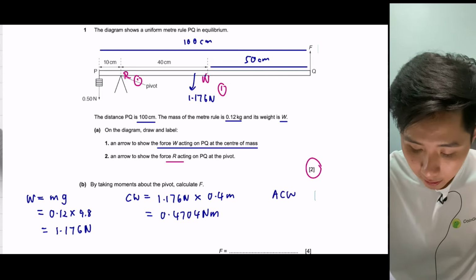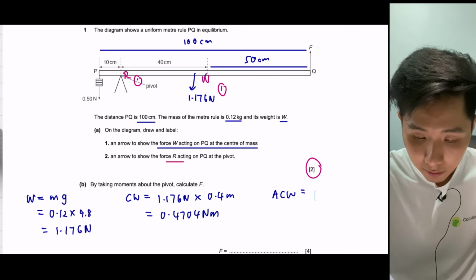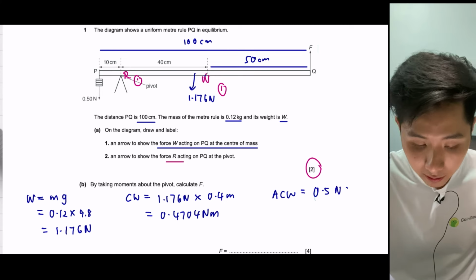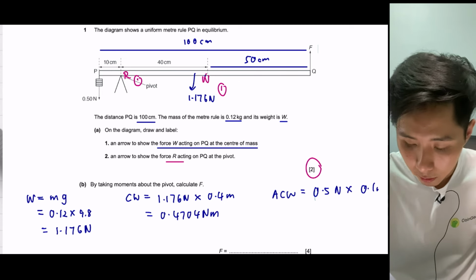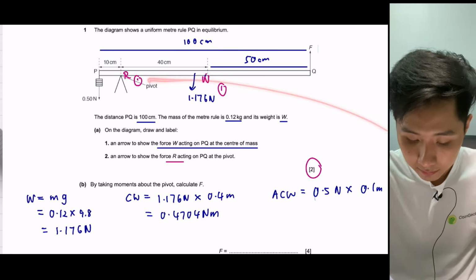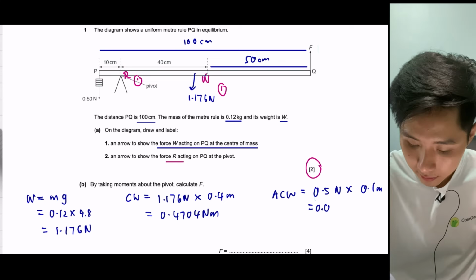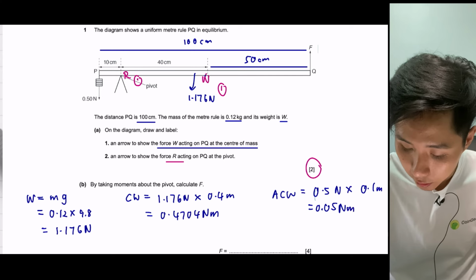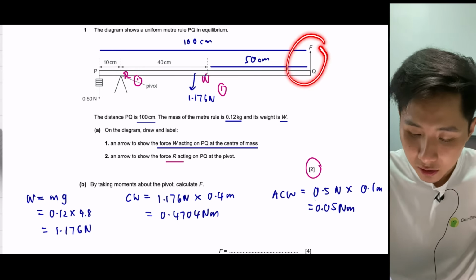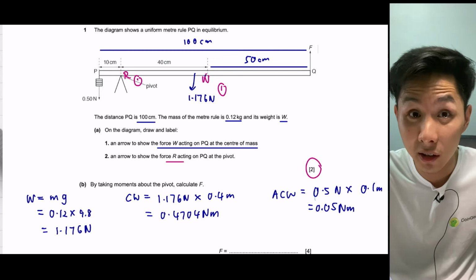And let's look at my anti-clockwise moment. The first one is very easy. We can just do 0.5 Newton multiplied by 0.1 meter. I'm converting this to meter here. So I will have 0.05 Newton meter. At this point, you might be curious, the third one, shouldn't this be a clockwise moment because it's on the right?